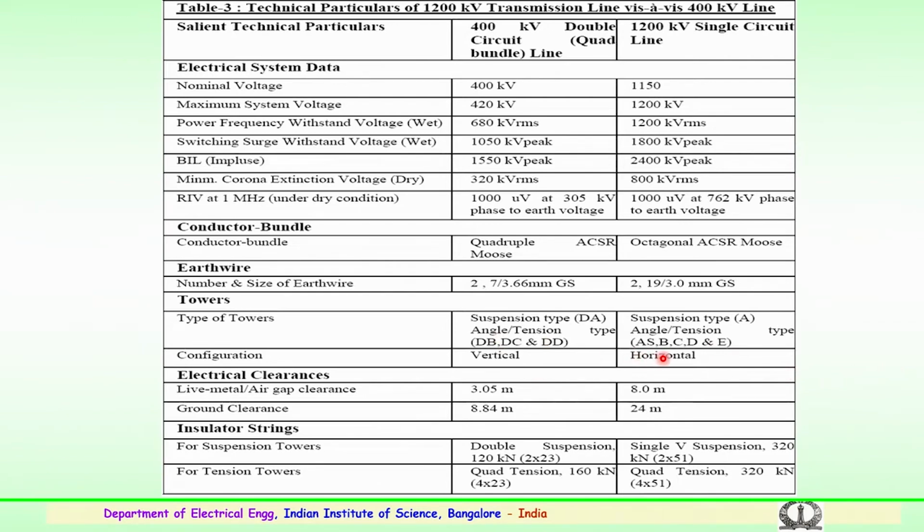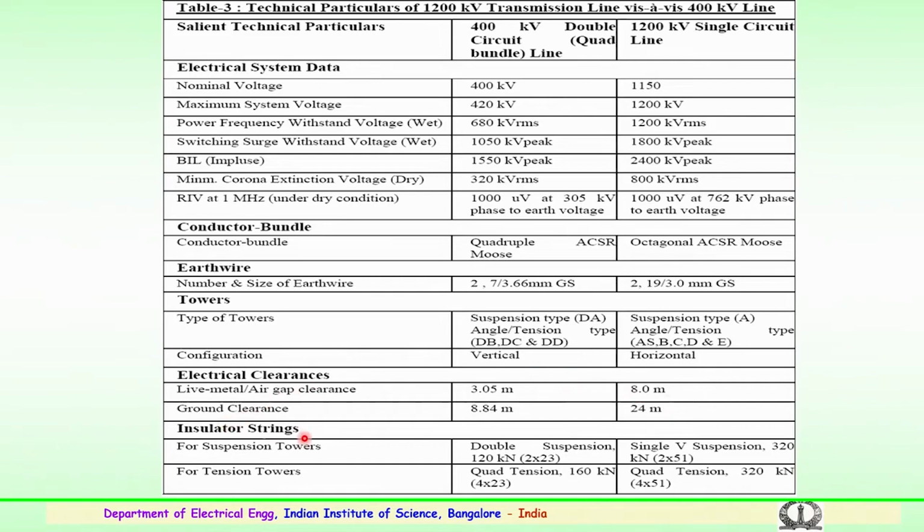What are the electrical clearances that are important? Electrical clearances, live metal, that is a conductor or the corona control rings of the conductors: the minimum air gap clearance to be maintained is 3.05 meters in case of 400 kV, and in case of 800 kV it is a minimum of 8 meters, that is around 24 feet.